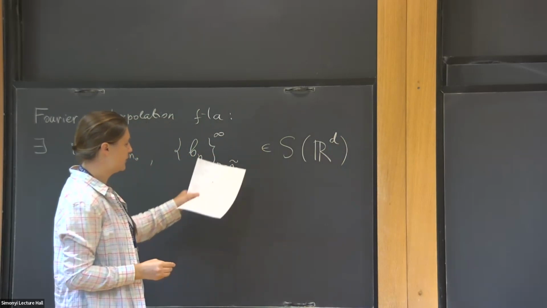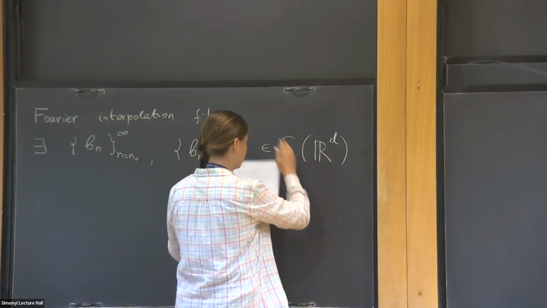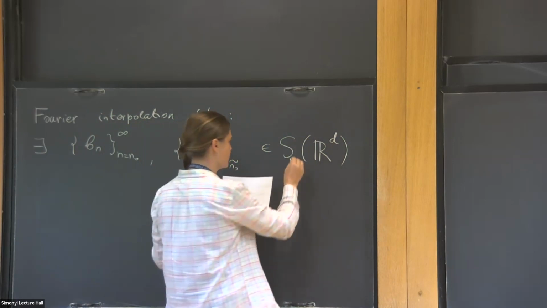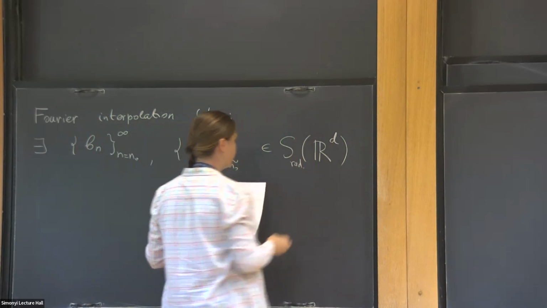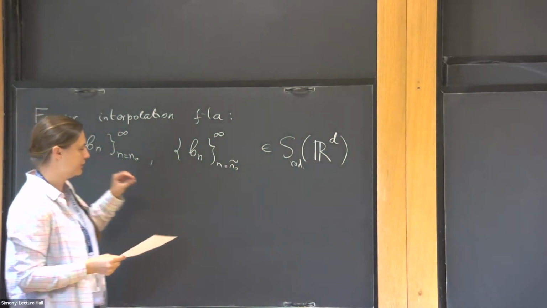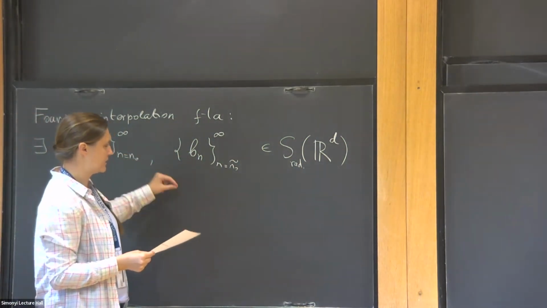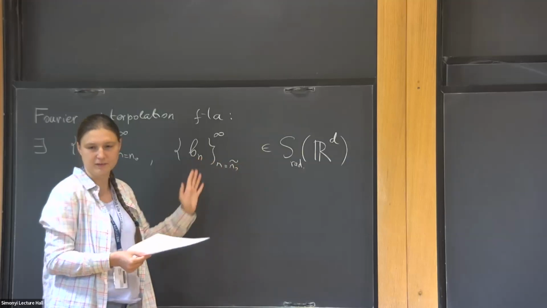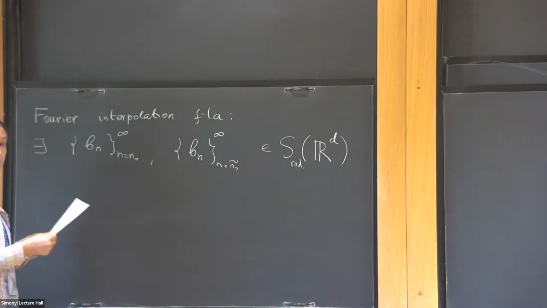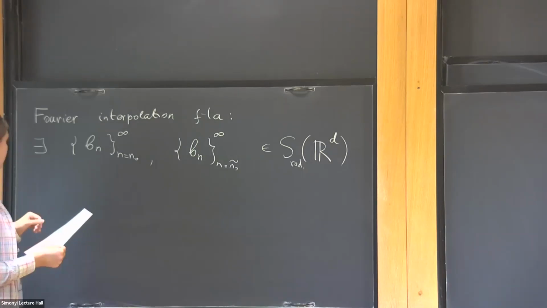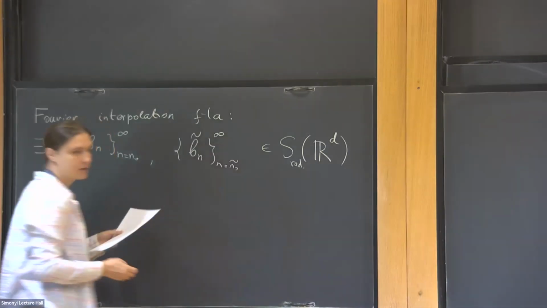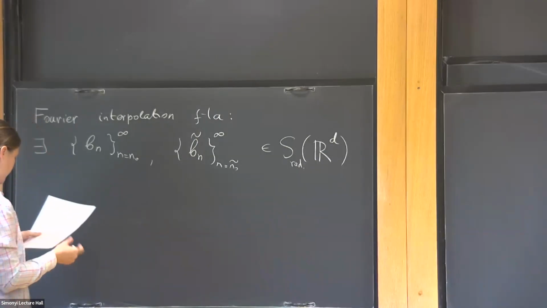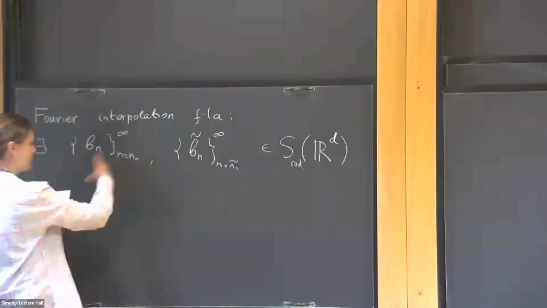To make our life a bit easier, let's consider only radial Schwartz functions. Radial means that the value of the function depends only on the distance from the point.